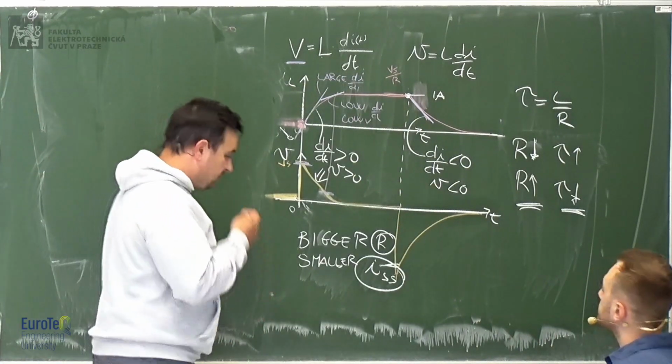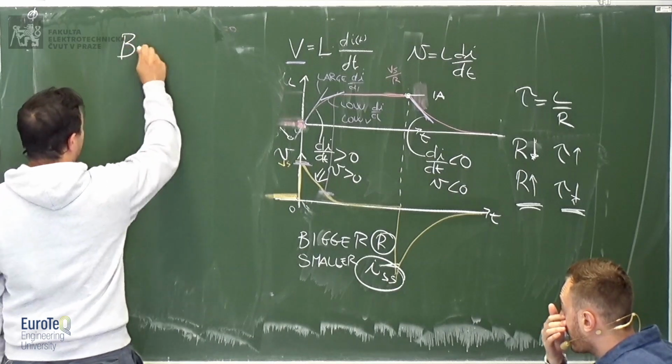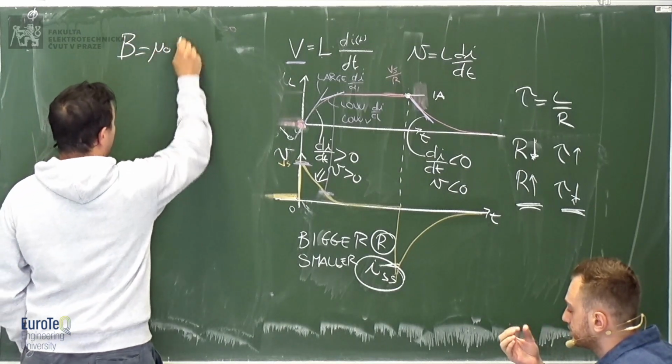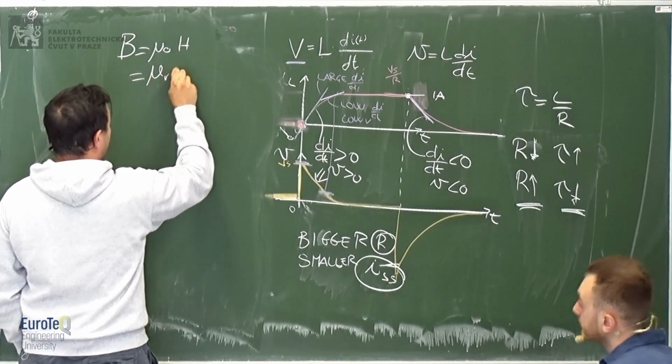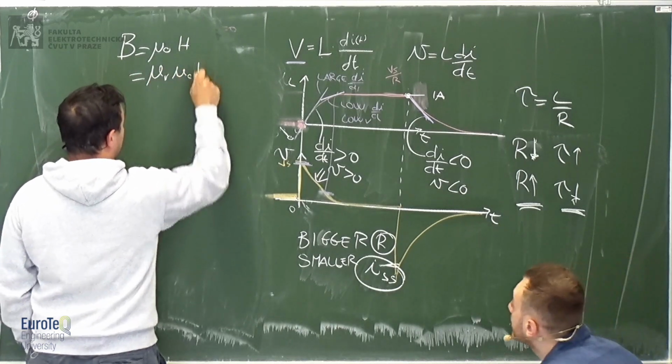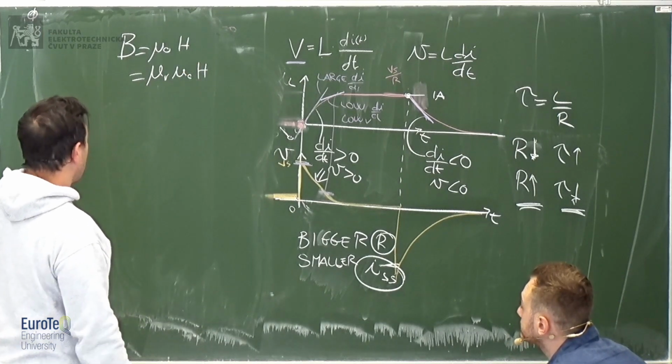Let's say that you want a bigger flux. So instead of having air where you get μ0 times H, you put there some ferromagnetic material with a relative permeability larger than 1.